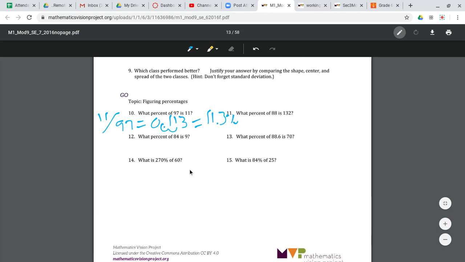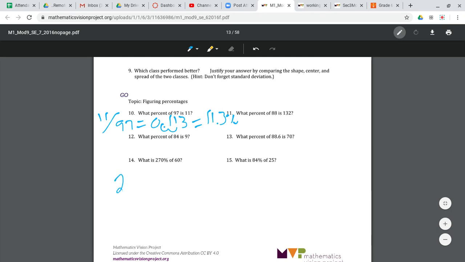Now 14 and 15 are different because they're saying what is 270% of 60 and what is 84% of 25. So to do these, because we're given the percent of the number, we're just multiplying. Now, just like up here, when we move the decimal 2 places to the right to get our percentage, in order for us to multiply, we need to move the decimal 2 places back.